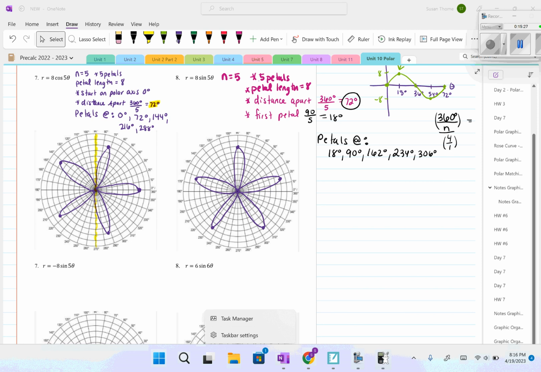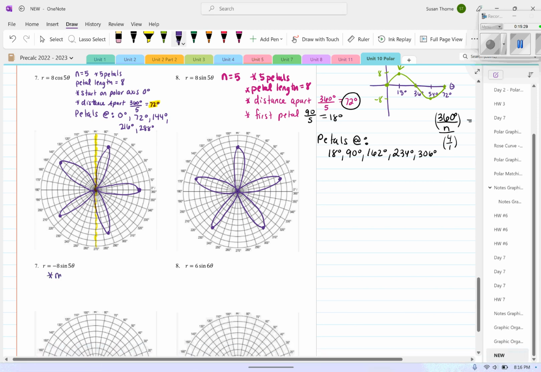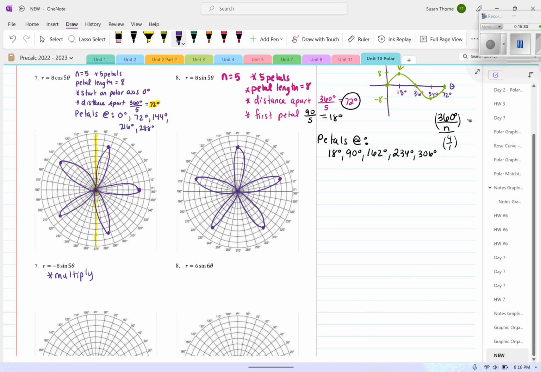So if we multiply by -1, -1 times the 90 degrees over n, that's going to give us our first petal. So in this case, we get -1 times 90 degrees divided by 5, which gives us -18 degrees.